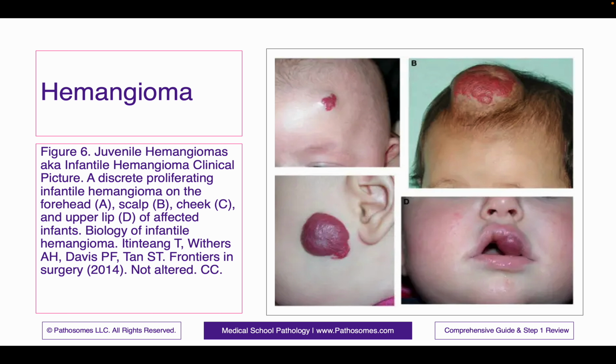Now, if they're causing issues with either breathing or eating or something like that, I could talk to my surgeon friends, set up an appointment so that they can surgically excise and treat this condition, right? But for the most part, they resolve on themselves and involute and go away, despite their anomalous presentation.